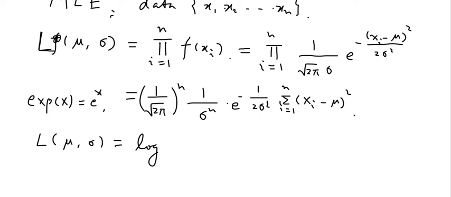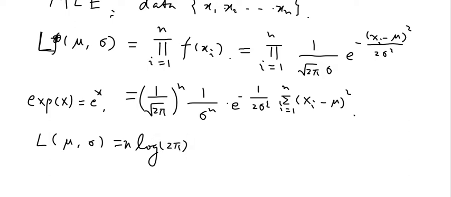Sometimes we use ln to indicate the natural log, and sometimes we just write log for the natural log. We take the log of each term. The first term is n times the log of 1 over radical 2 pi, which is negative one half n log 2 pi.